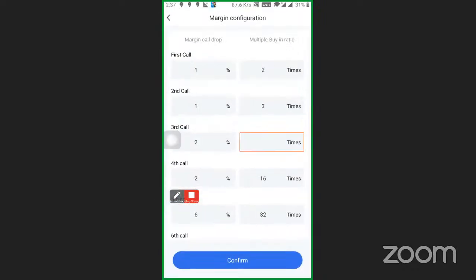Now, if someone says, what if I have just around 200 to 300 USDT? Many of us have this financial problem, so we cannot arrange 600 USDT.